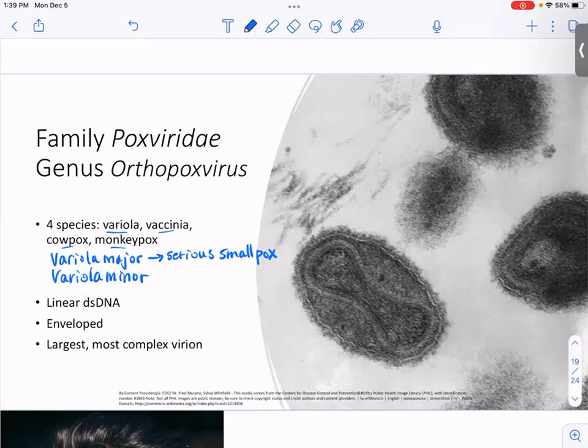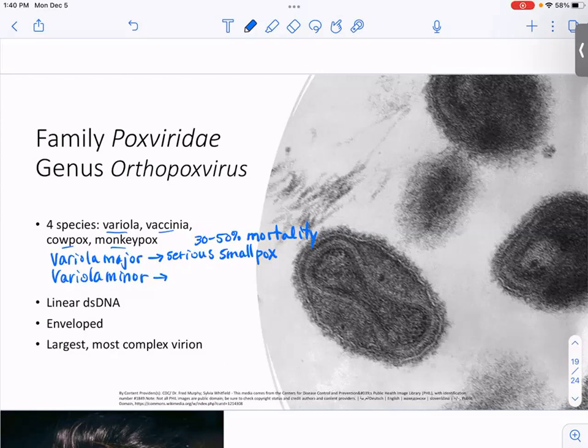Mortality here is somewhere between 30 and 50% of those that contract it end up dying. So, a pretty high mortality rate for variola major. Variola minor, apparently sometime after about the year 1900, the virus changed.